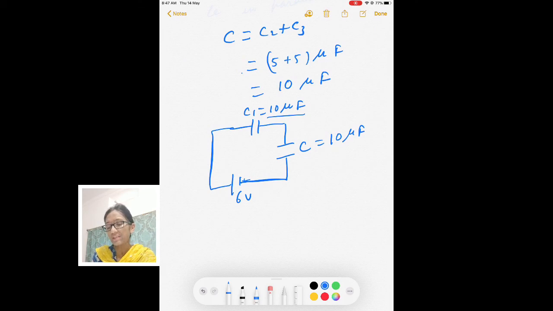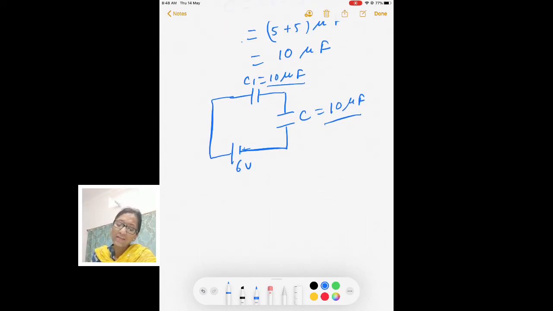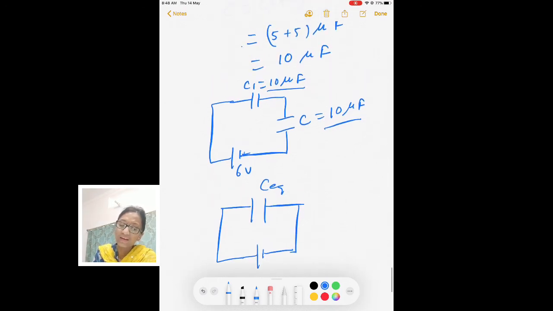The two capacitors are same, so they will have same charges because these are in series. So all the capacitors will have same charges. So let me find the equivalent of these two capacitors. Suppose that is C equivalent. So let me simplify further the circuit diagram.